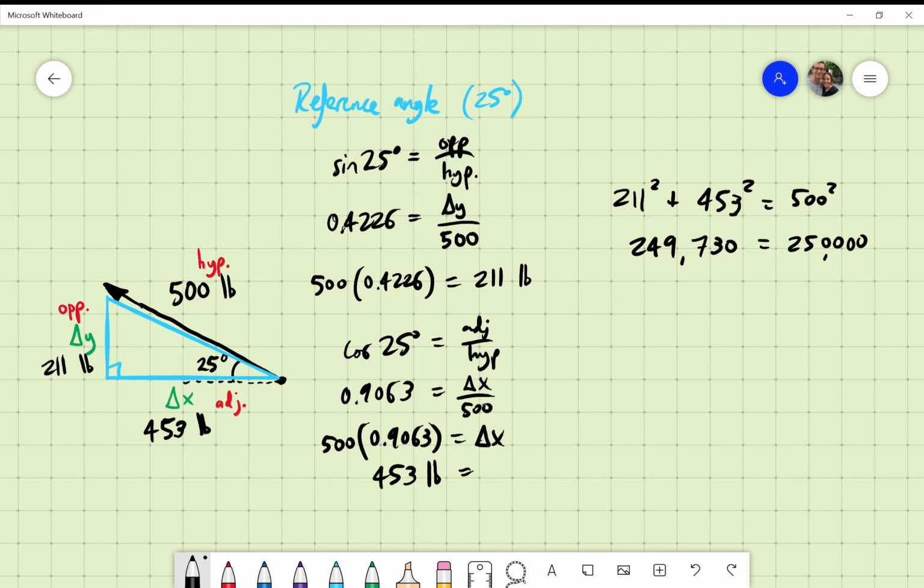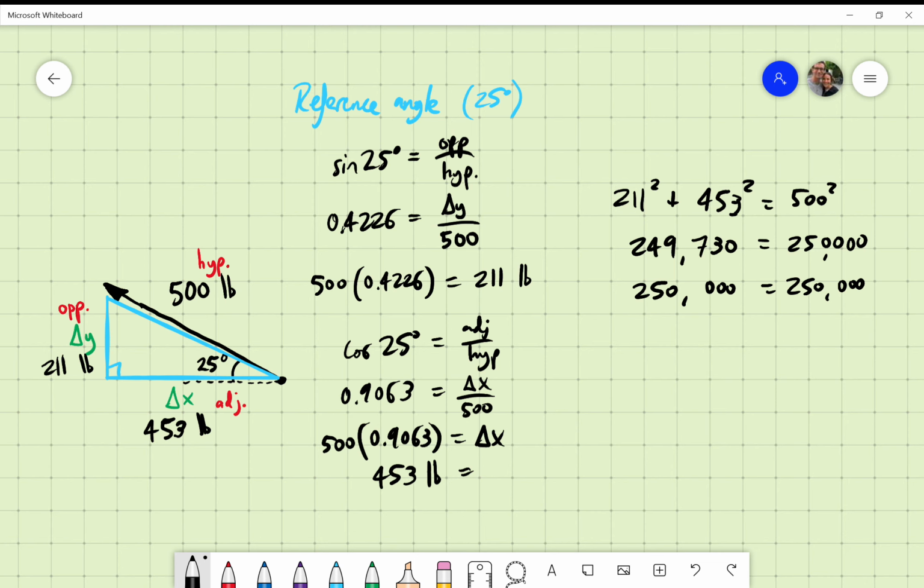Now, if I round off to 3 significant figures, then I get the same thing. And yeah, all those numbers there are correct to 3 significant figures. All right, so that worked out pretty well once again.